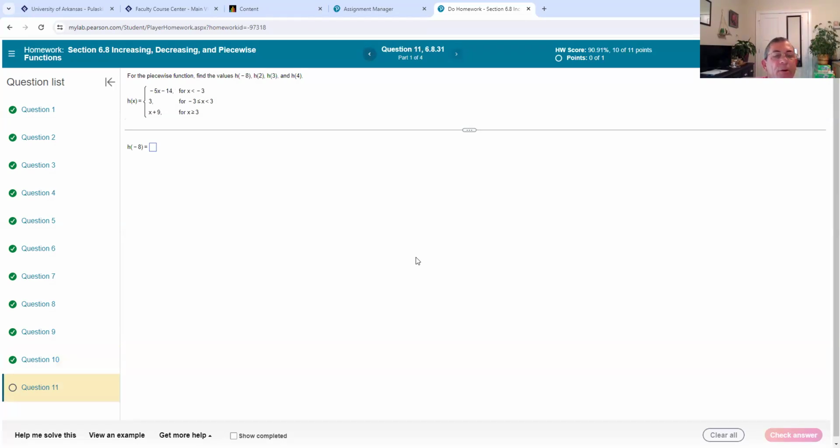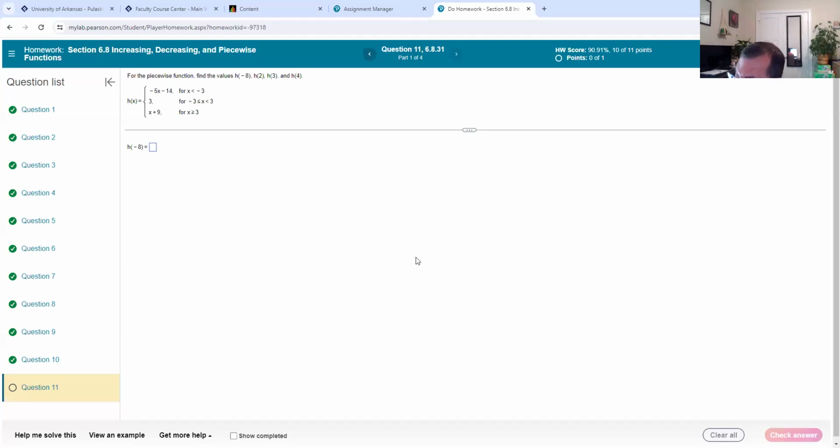So y'all, what if we up it a little bit on this third one here? This last one here, h of x equals, now you got 3 equations. Negative 5x minus 14 for x less than negative 3. It equals 3 for negative 3 less than or equal to x less than a positive 3.